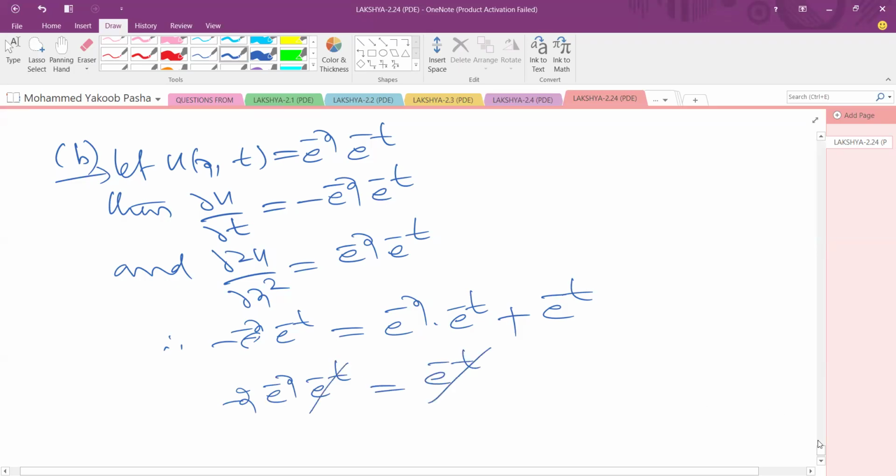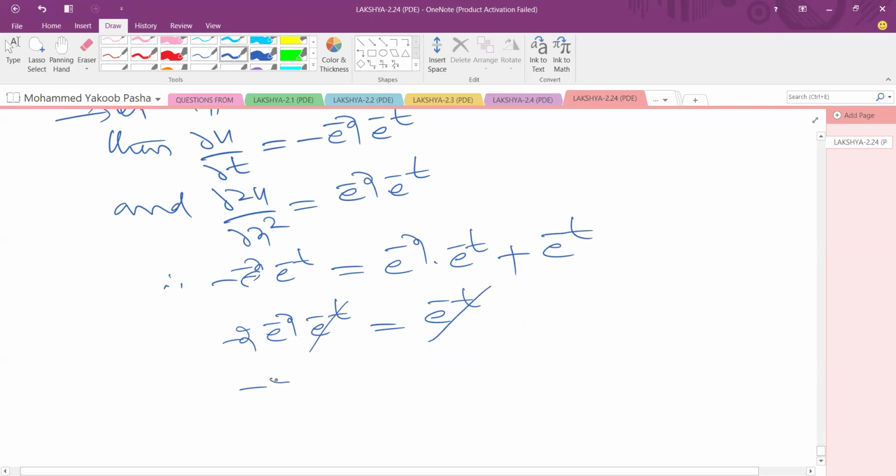E power minus t will be cancelled. So 2 e power minus x is equal to 1. This is not satisfied.